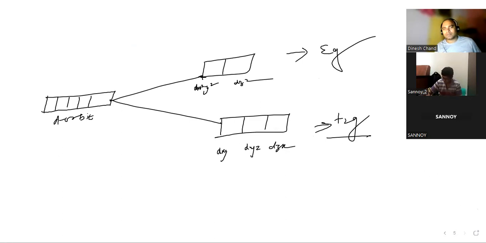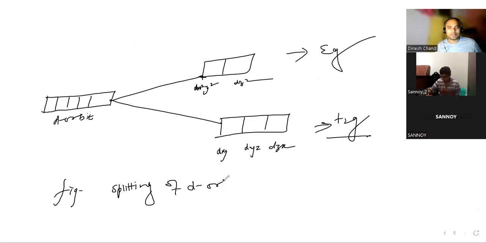Done. This is the splitting of the d orbital. Splitting of the d orbital in the presence of ligand.